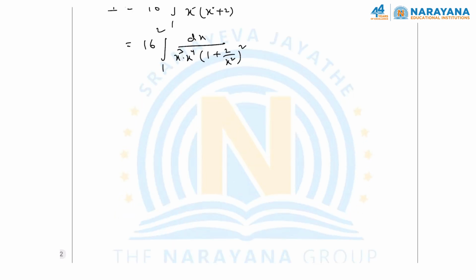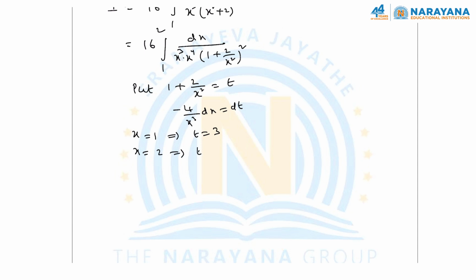Now let us take a substitution, like put 1 plus 2 by x square equal to t, then what I am getting, minus 4 by x cube dx is equal to dt, and when x is equal to 1, this implies t is equal to 3. When x is equal to 2, this implies t is equal to 3 by 2.